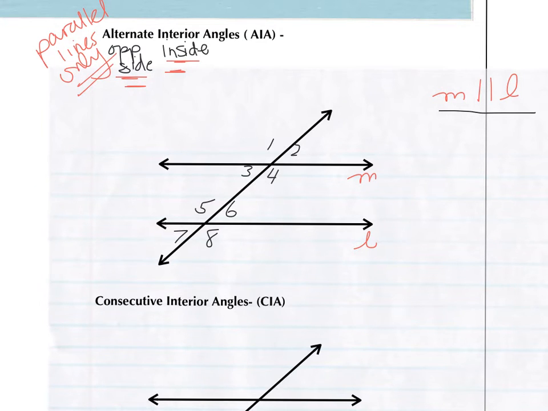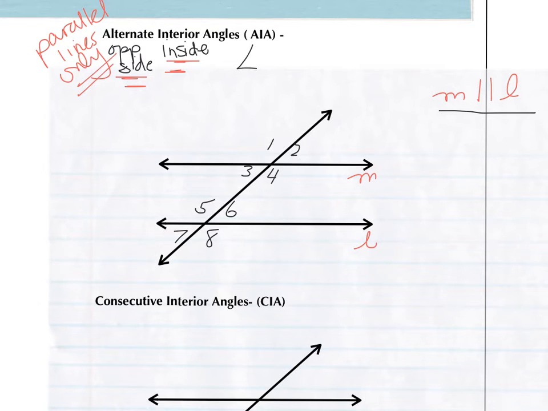So the opposite side would be 1 and anything on this side. But interior would mean it has to be inside of the parallel lines. So 1 won't work as being an interior angle. We look at 3. 3 is inside of the parallel lines, and we also want one that's on the other side. So in order for it to be inside the parallel lines, it would have to be 3 and 6.